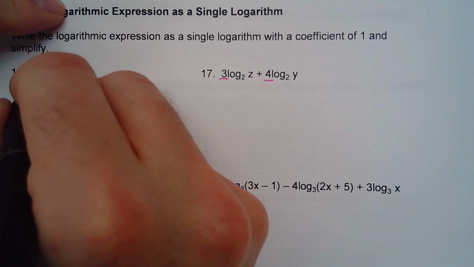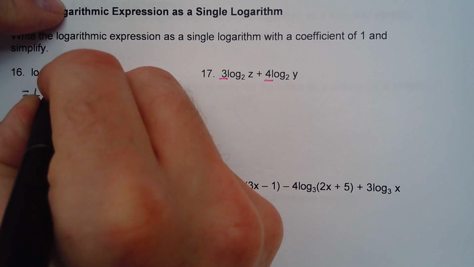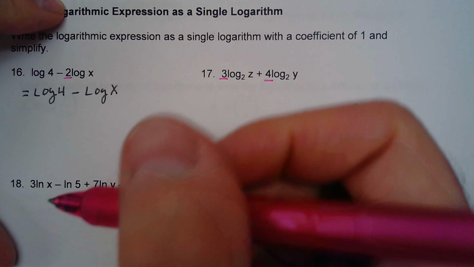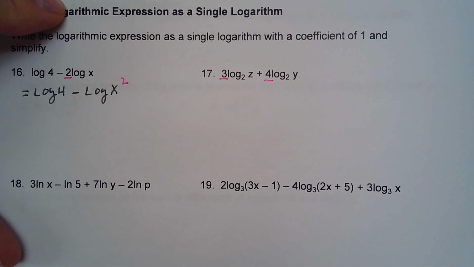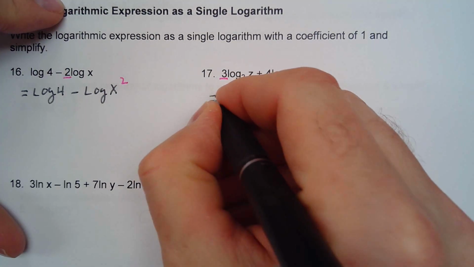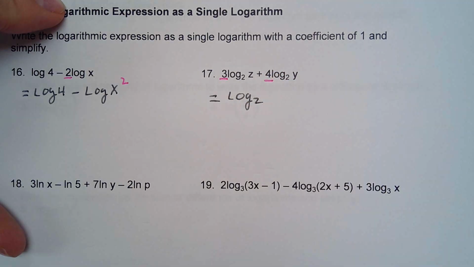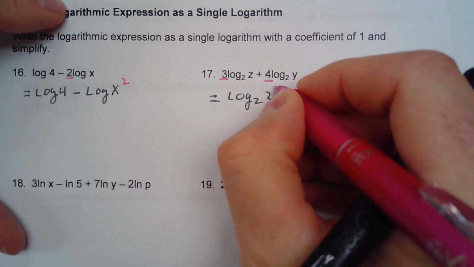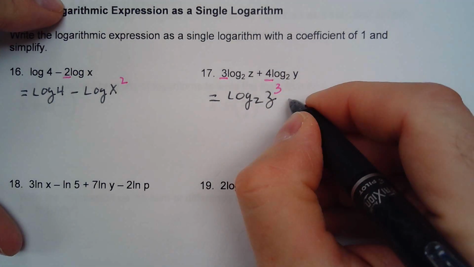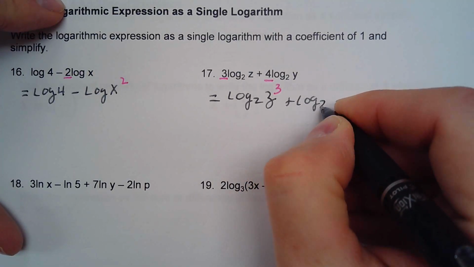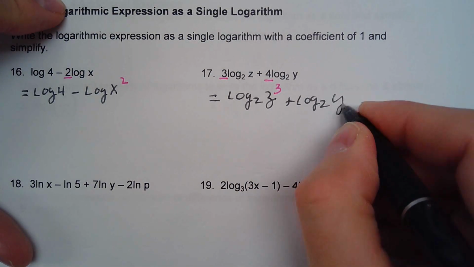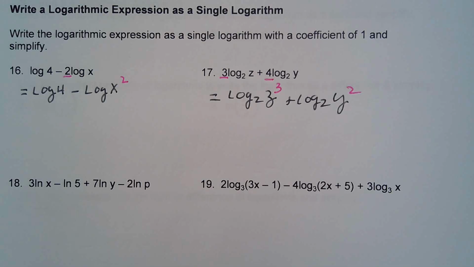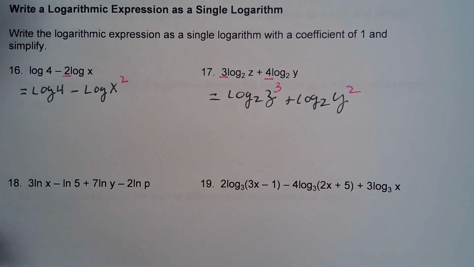So like, I would first write this as log of 4 minus log of x squared. Or like over here, I'd write this as log base 2 of z to the third plus log base 2 of y squared. Kind of run the movie backwards, bring those back up as powers.